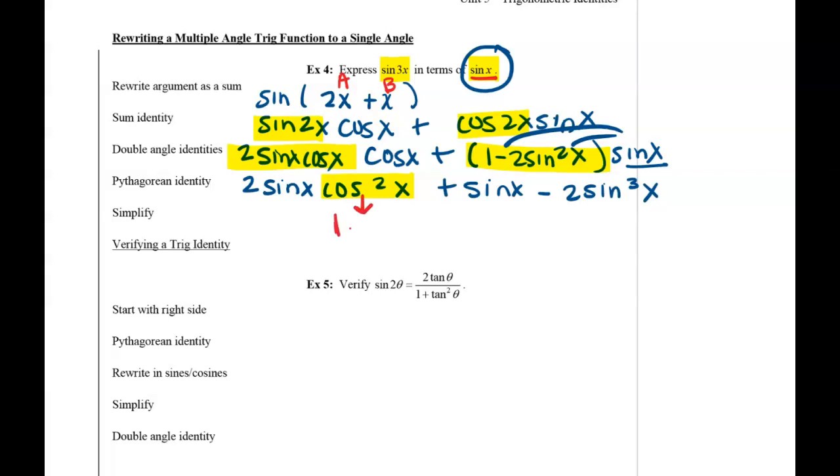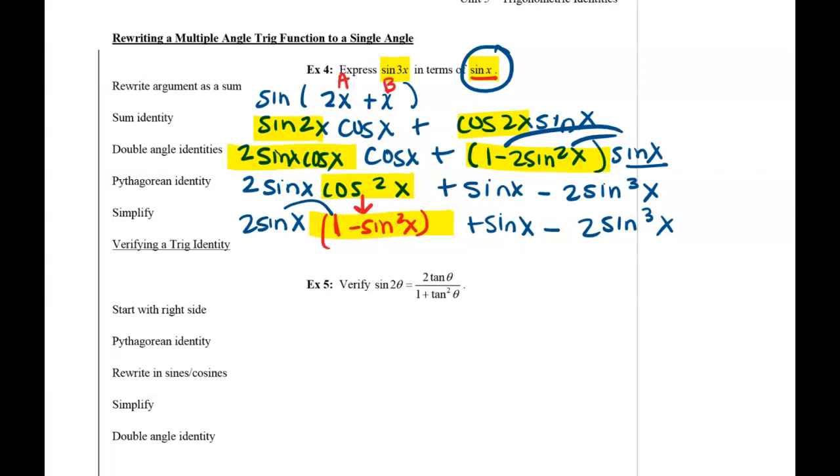So this is 1 minus sine squared x. And I'll highlight it. And then I still have 2 sine x. And then I have plus sine x minus 2 sine cubed x. And we want this all as a single angle. I'm going to go ahead and distribute the 2 sine x.